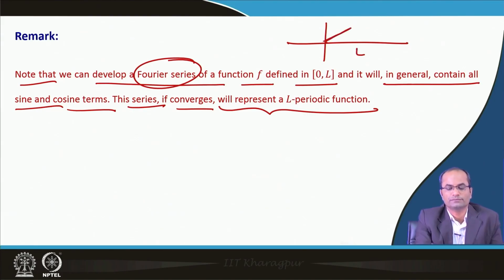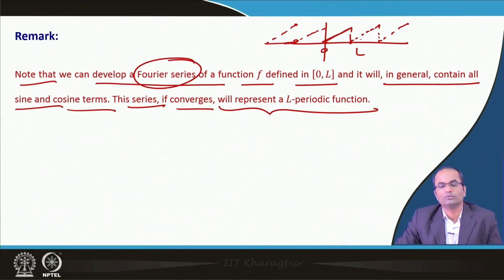So, suppose this is the function in 0 to L, and when we write its Fourier series, that series will converge to such a function, which is periodic with period this 0 to L.